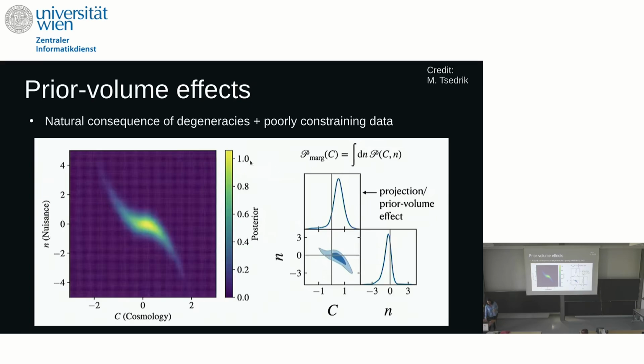If the posterior has a weird shape because of these degeneracies, then when you marginalize over the nuisance parameters, you get shifts in the peak of the posteriors for the cosmological parameters, as you can see here. This is due to volume in the prior of these nuisance parameters, because they are not very well constrained by the data. And so this results in an impossibility of getting what you want, which is the best fits for the cosmological parameters.